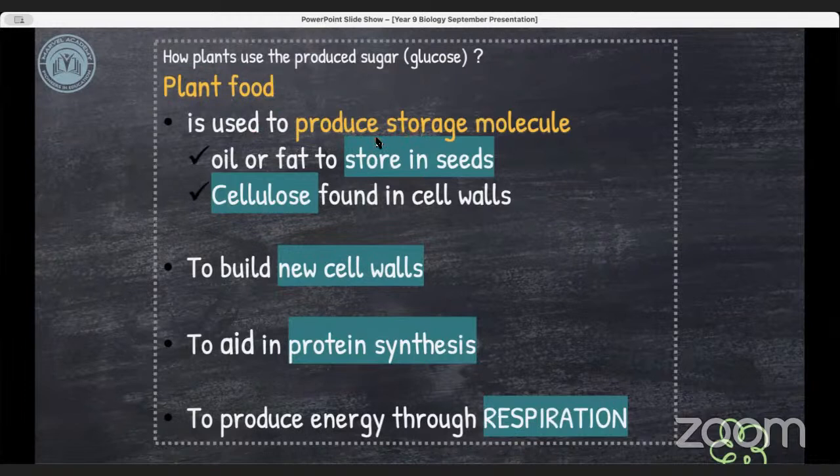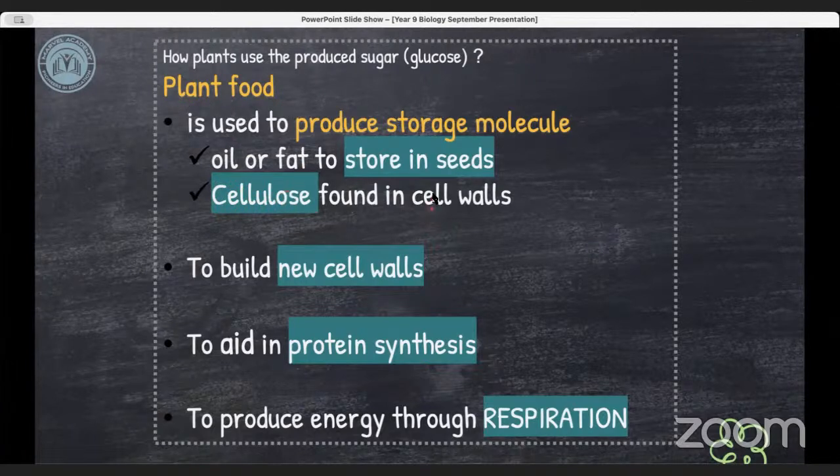It is used to produce storage molecules, here oil or fat to store in seeds, or cellulose. Children, can you remember where you can find cellulose? In the cell wall of the plant. This is the chemical structure. I told you the word cellulose, it is synthesized by the plant itself.